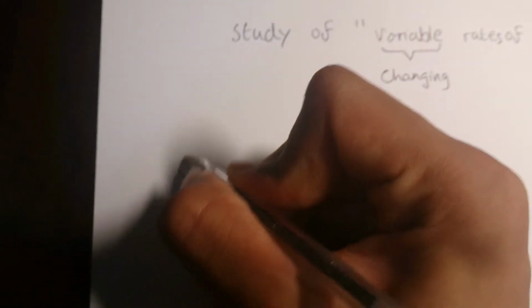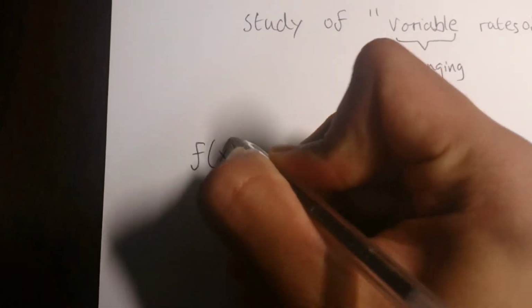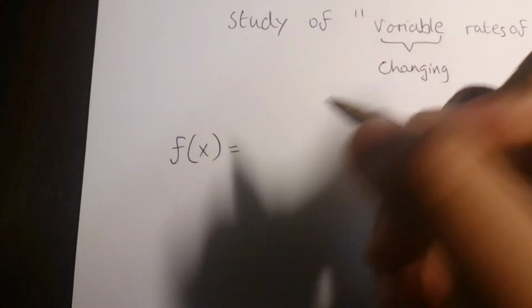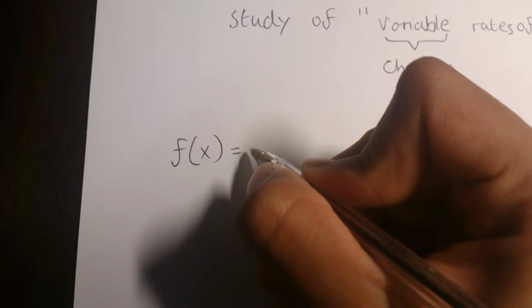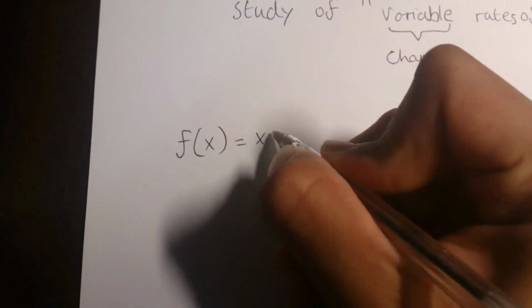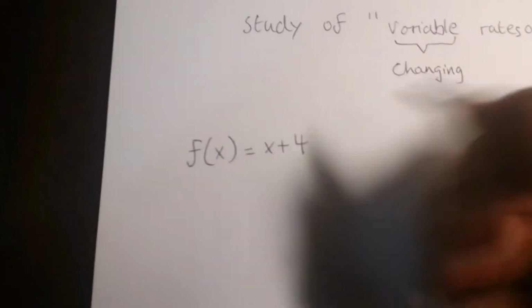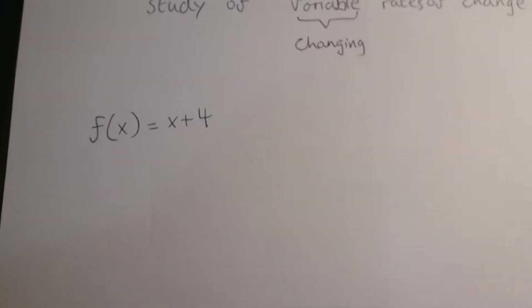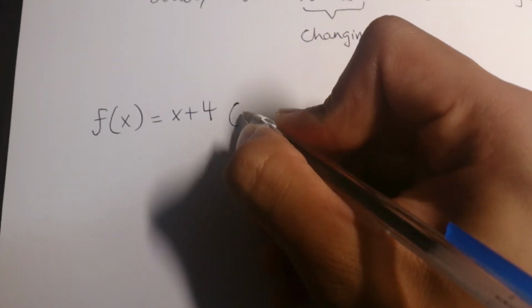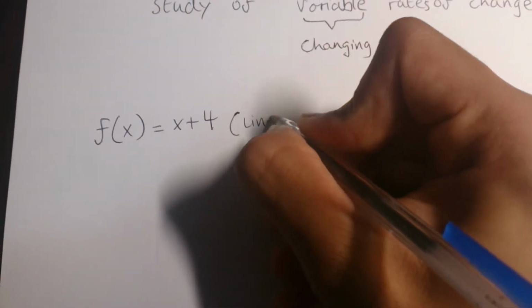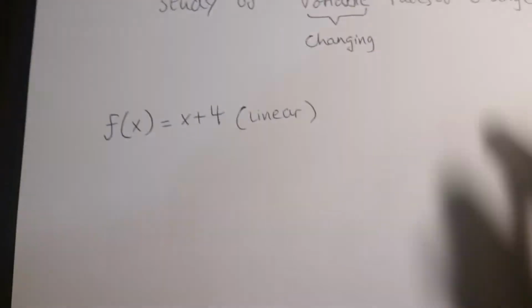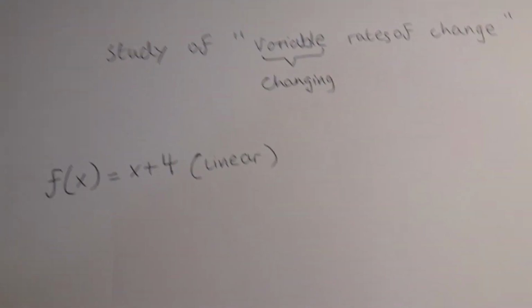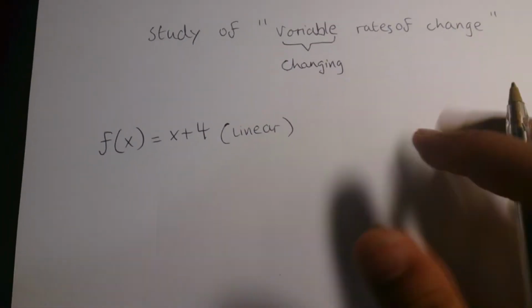Let's say we have a function defined as f of x equals x plus 4. We say this function is linear and not variable, and the reason for that is quite simple, really.